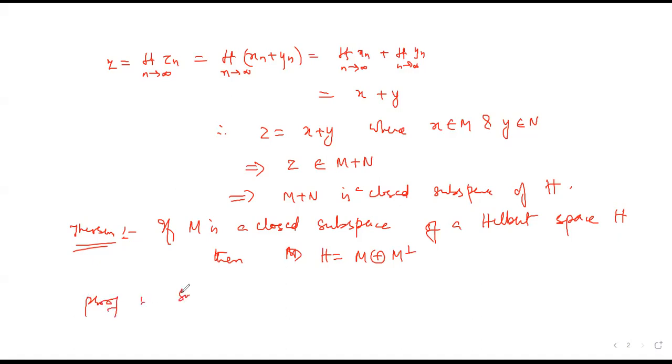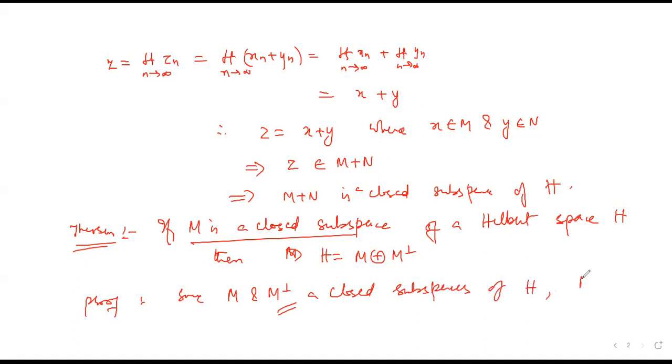Now, since M and M perp are closed, so M perp is always closed. This is by supposition. Closed subspaces of H by previous theorem, इनका सम जो है M plus M perp is a closed subspace of H. तो हमें दिखाना है लेकिन ये H के बराबर है ना?